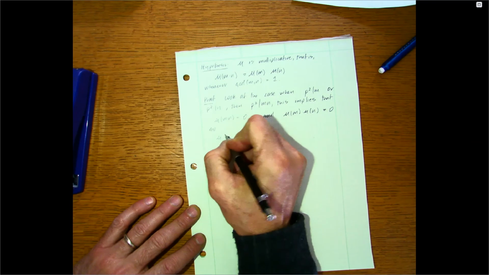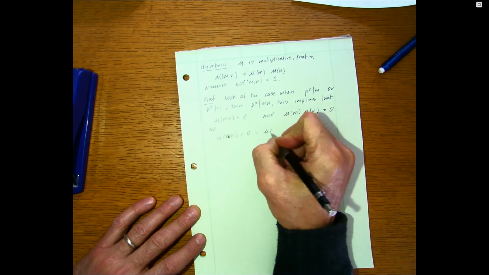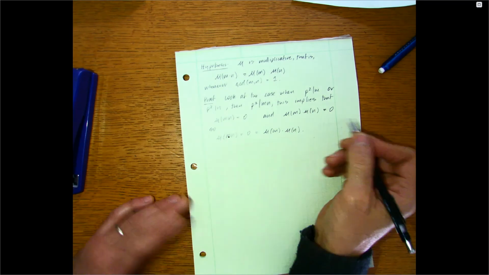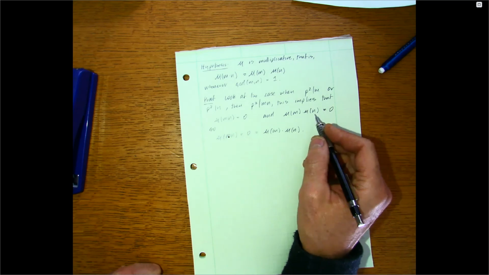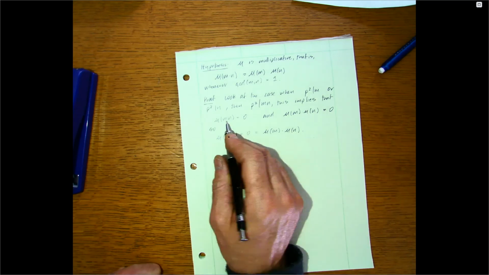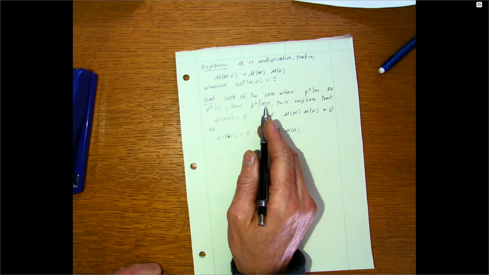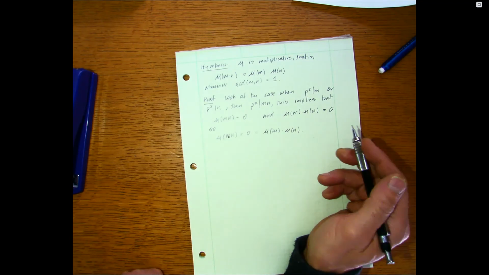So mu of mn must be equal to 0, which is equal to mu of m times mu of n. So in this case, it makes perfect sense, right? If you've got a zero in a product, you're going to have a zero valued function, and this one's going to be zero valued because p squared divides one of m or n. Okay, so that's one case.